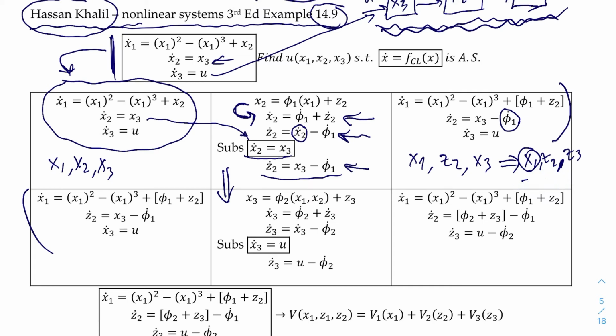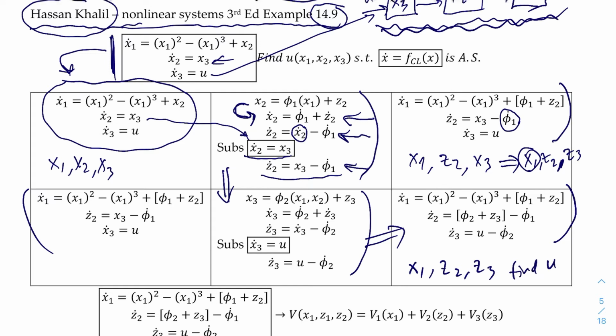But they don't do that, because x1 to z1 would be an identity transformation. So these steps are the same as given in those manipulations. As a result, our variables are x1, z2, z3. So the problem becomes: find u, where u is a function of x1, z2, and z3.